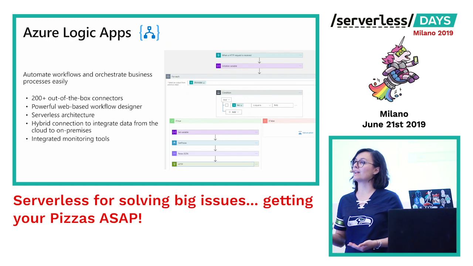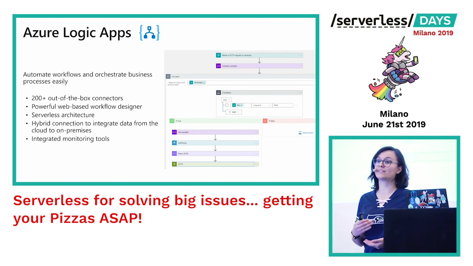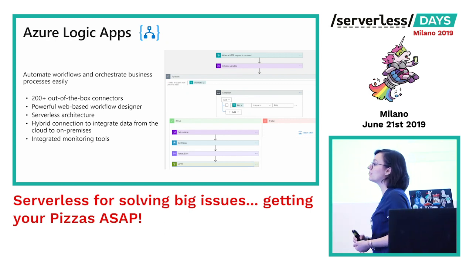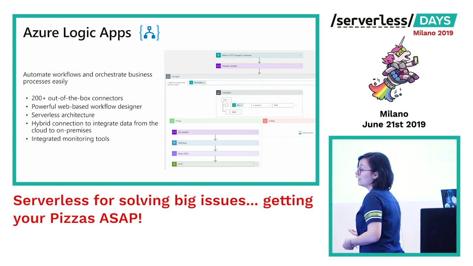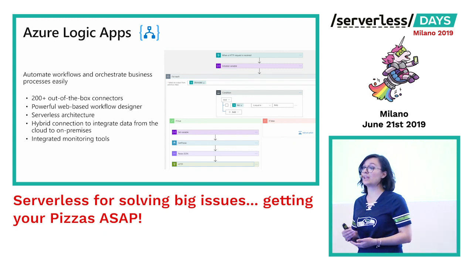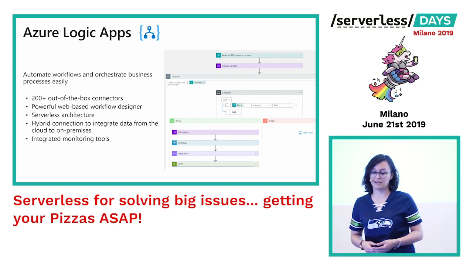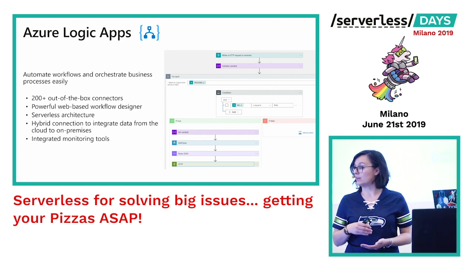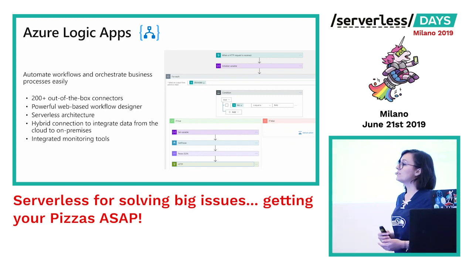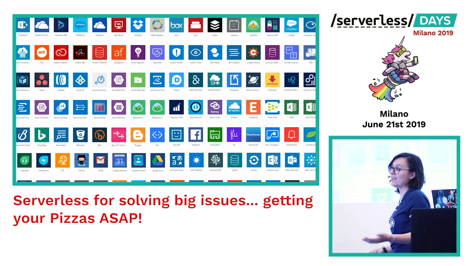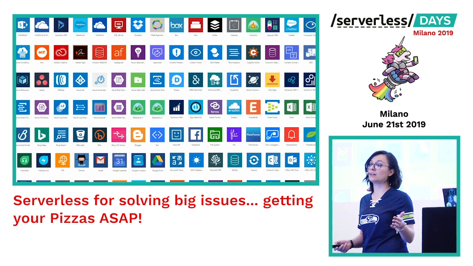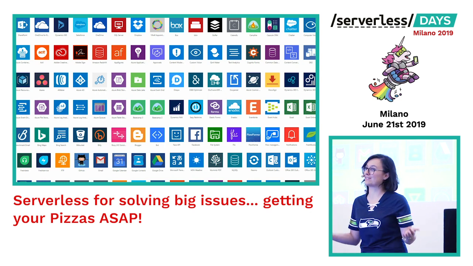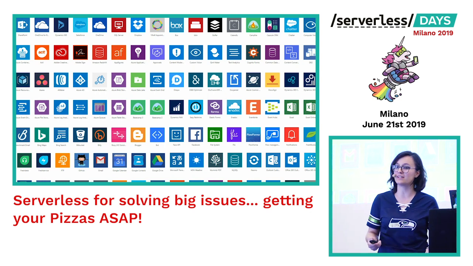After that, you can create the entire workflow using more than 200 pre-built connectors that we have inside the catalog, inside the tool. So in this way, you can create the connection between very different types of services.